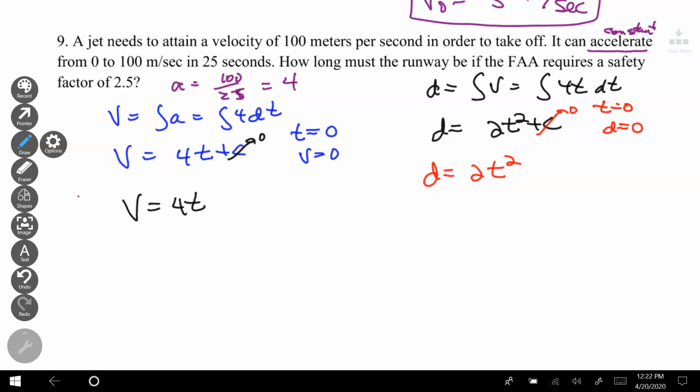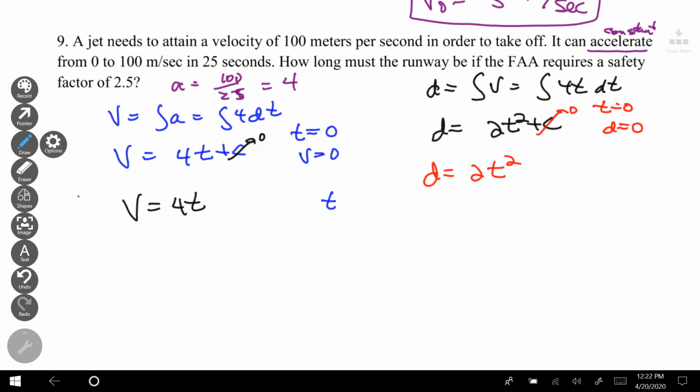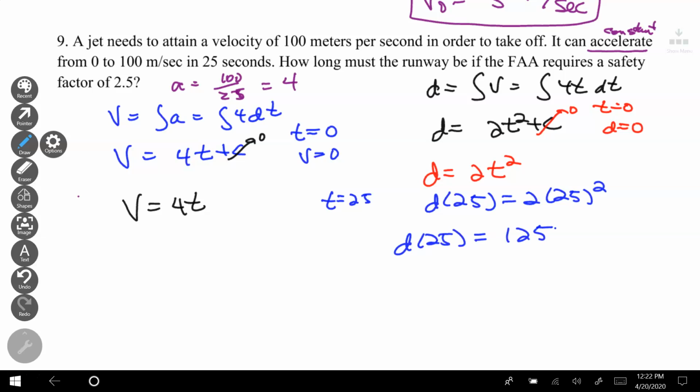It takes 25 seconds for this to take off. So I'm going to plug in t equals 25. So d of 25 is equal to 2 times 25 squared. So the distance for 25 seconds is equal to 1,250 meters.